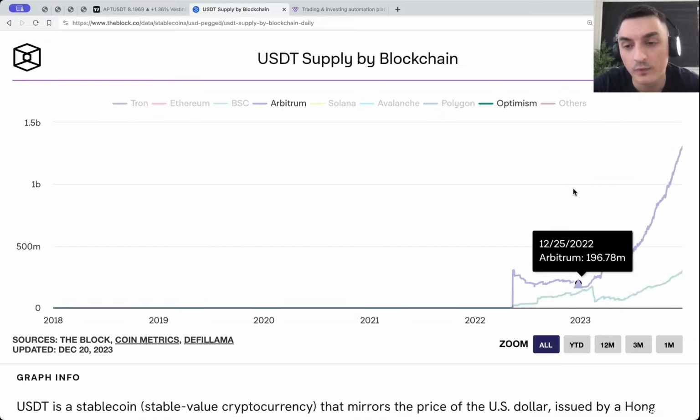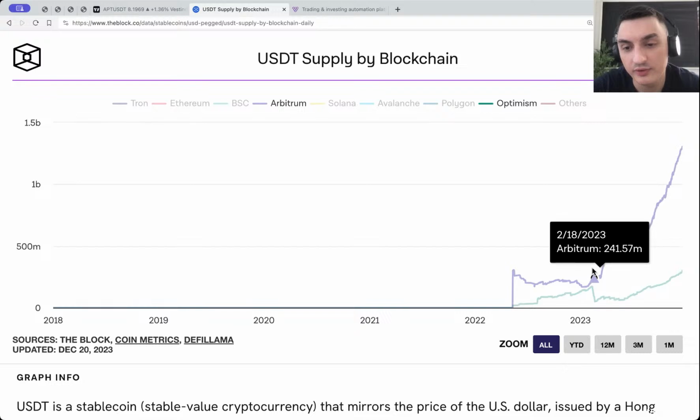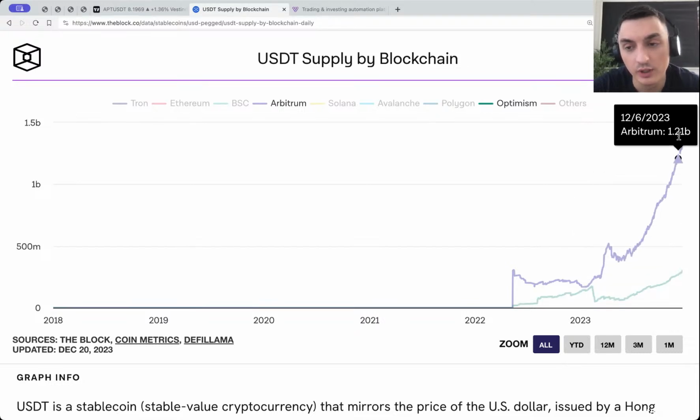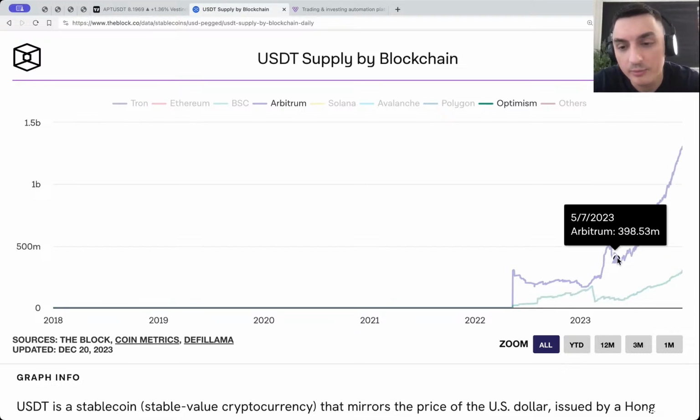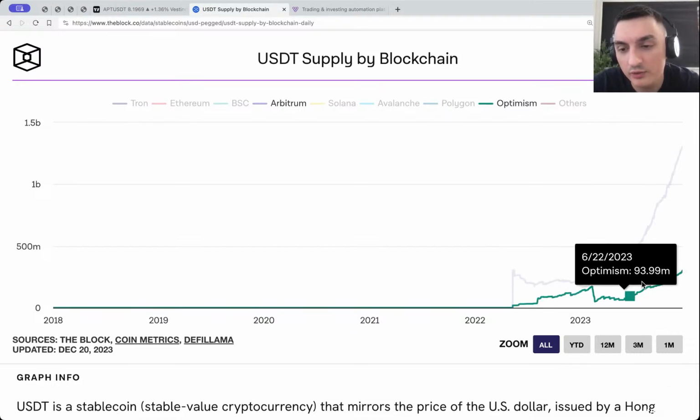This is a sign of this network taking over because of some kind of performance or fee related things.